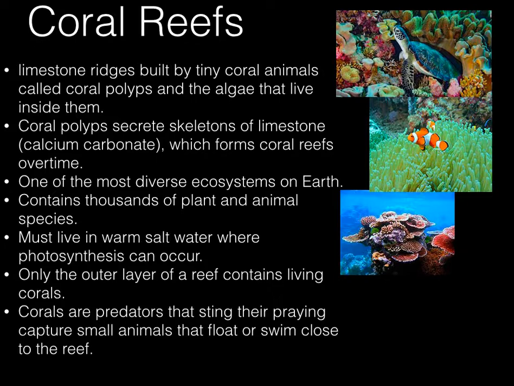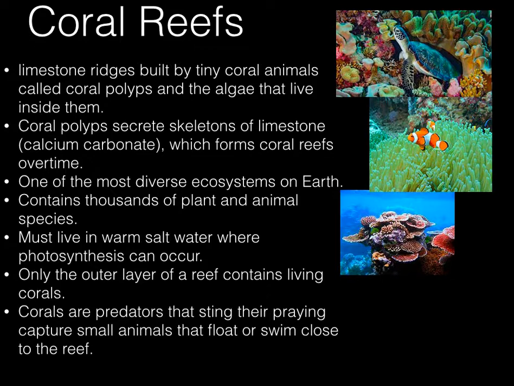We have these algae, and they build these corals to surround them, and then they can live inside of these corals and catch their prey on the outside of these corals. So you'll see them on the outskirts of these coral reefs.